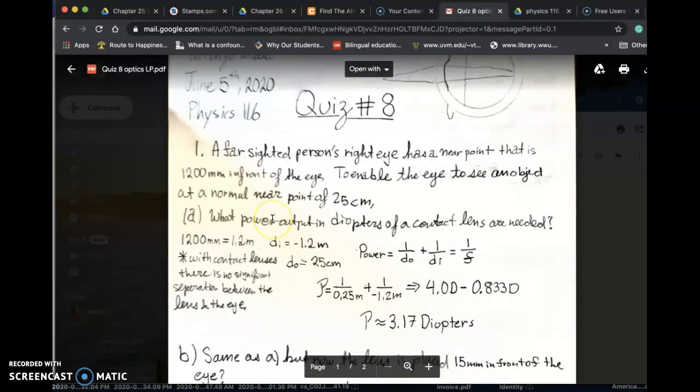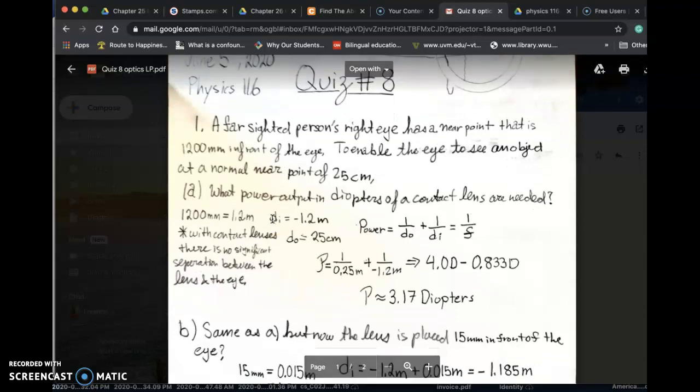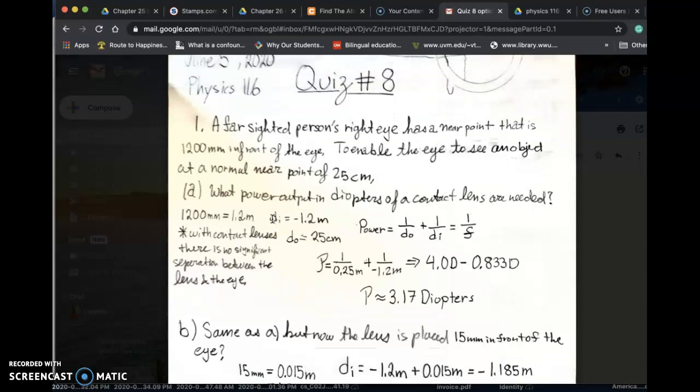For our calculation, we first have to convert millimeters into meters. In this case, that is 1.2 meters. Knowing that with contact lenses, there is no significant distance between the eye and the lens, we don't need to calculate a difference for the DI, which is the distance of the image.